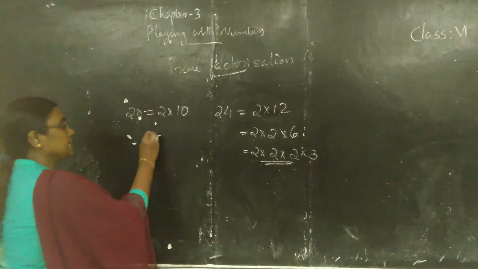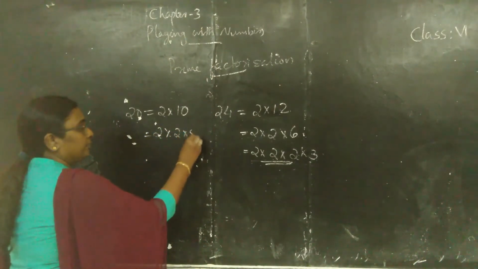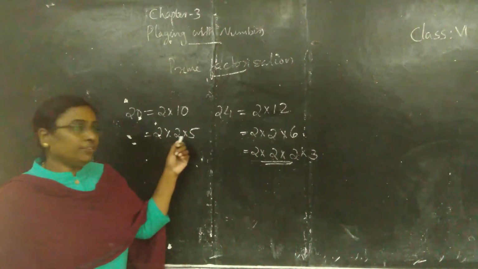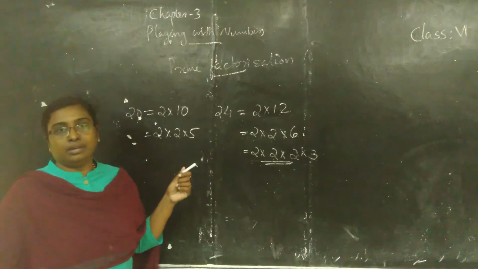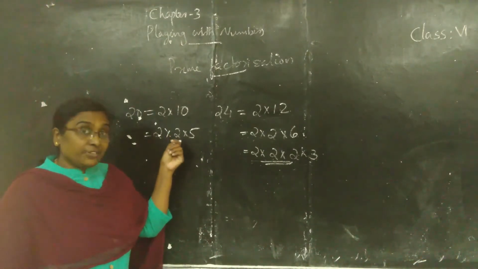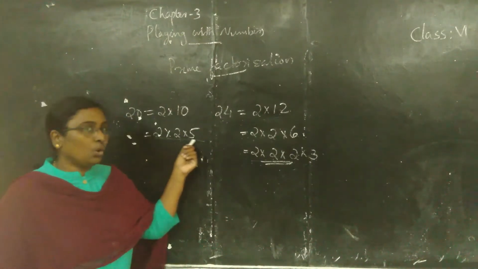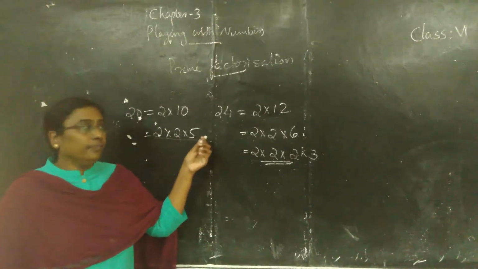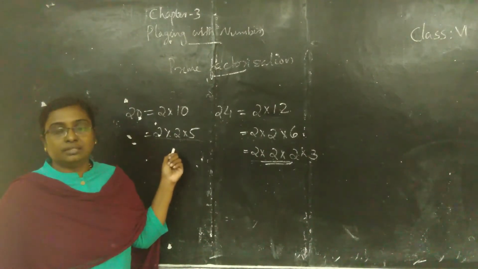So we can factorize this again. 10 is 2 into 5. Here all the factors are prime numbers. 2 is a prime number, 5 is a prime number. So such factorization is called a prime factorization. Okay.